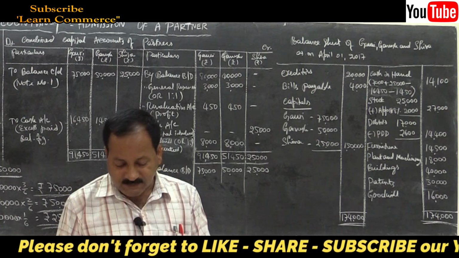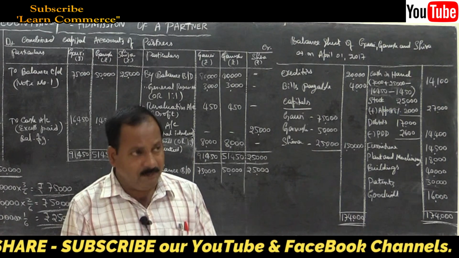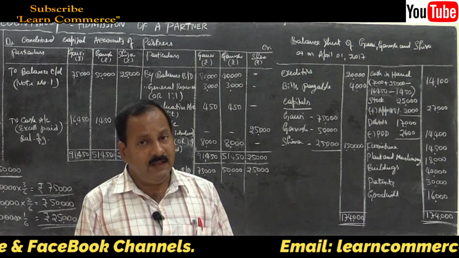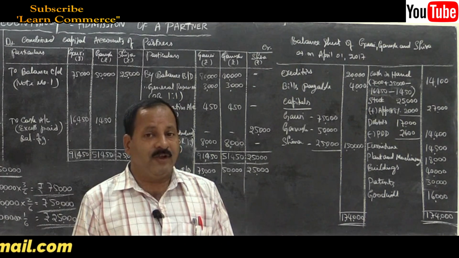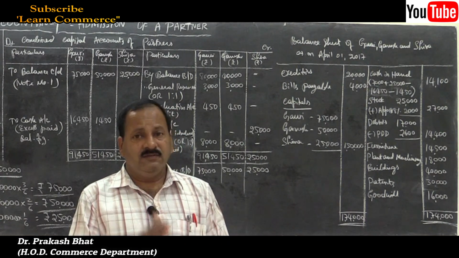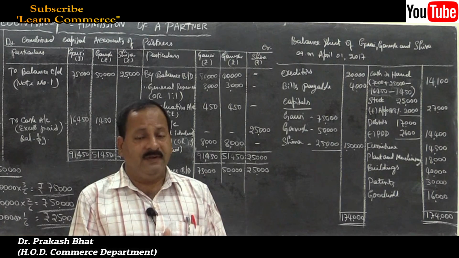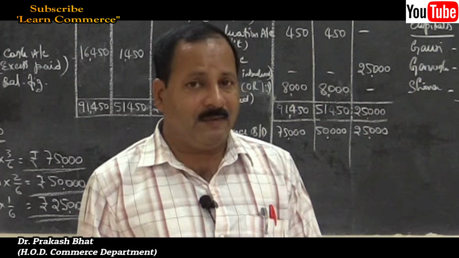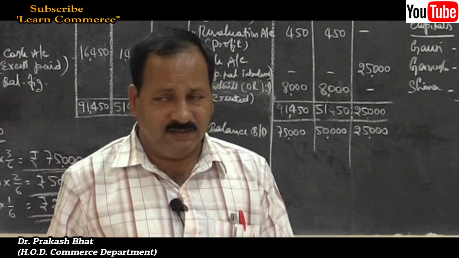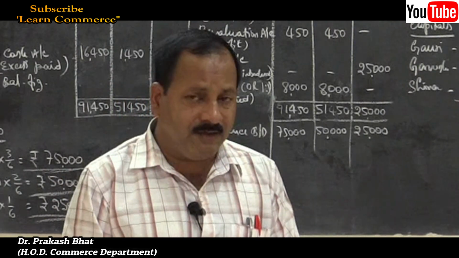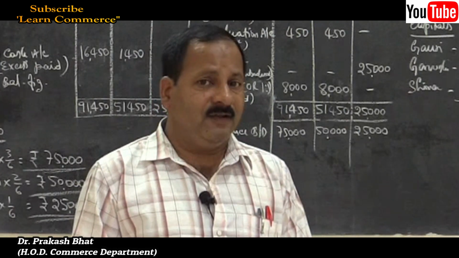We'll take up retirement of a partner in the next class. Retirement of a partner, a new chapter. It's under reconstitution of firm itself. Retirement and death. Death I will take up separately as a new chapter, though it is included under retirement in your NCERT syllabus.